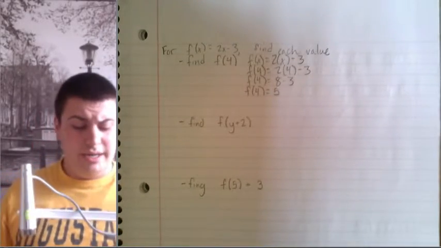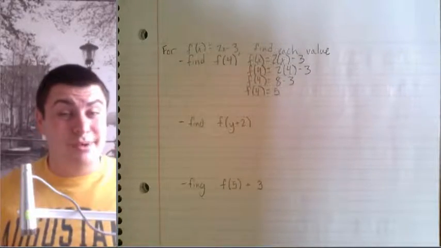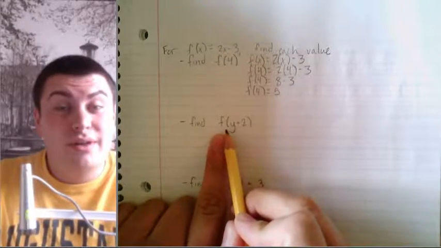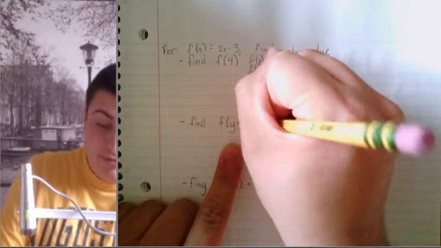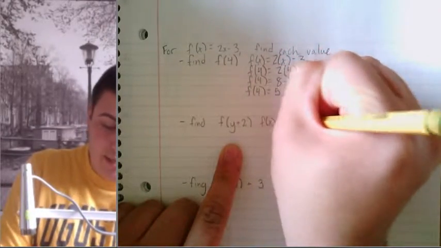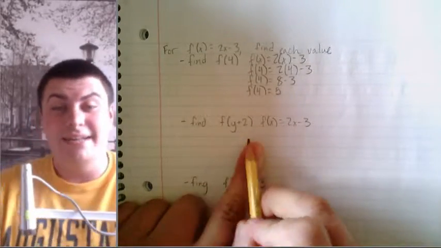Now, what if our input is not just a single constant value? What if our input involves another variable? That's fine. So if we wanted to find f of y plus 2, what we would do is take our original function, f of x equals 2x minus 3, and plug y plus 2 in for x.